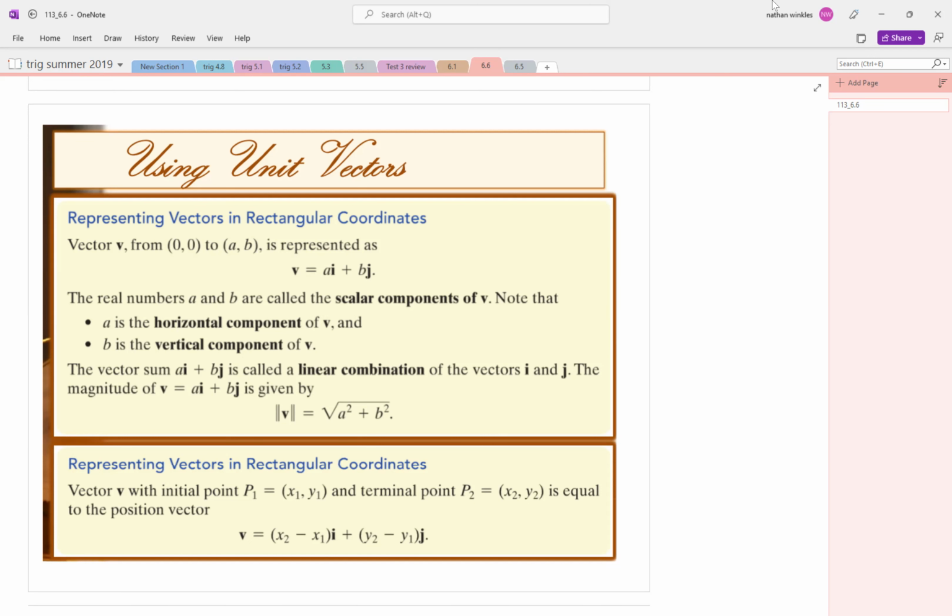So that's why up here, really, this is a minus 0 times i plus b minus 0 times j. So that's how it simplifies to ai plus bj if you're starting at 0, 0. If you're starting at 0, 0, it's whatever your terminal point is there of a, b. If it's any point, that's how we can represent it down here.